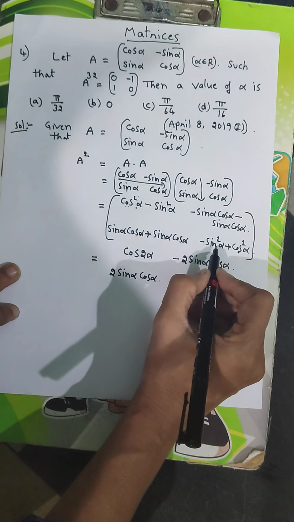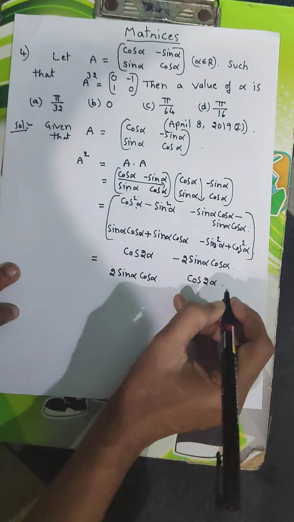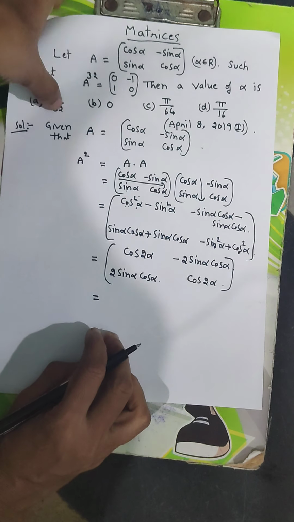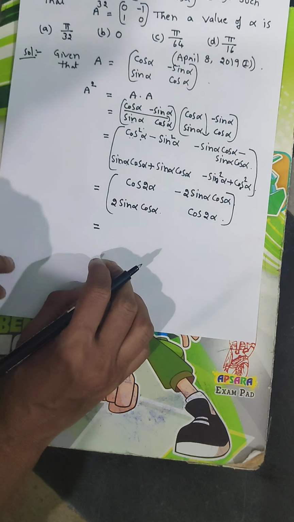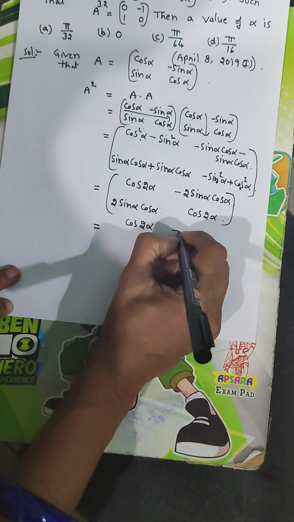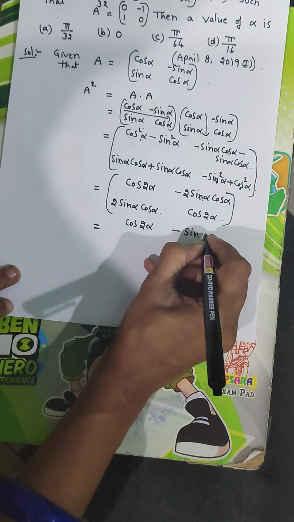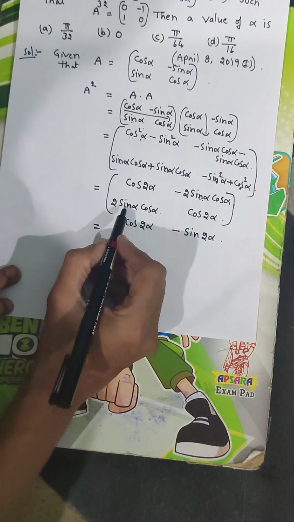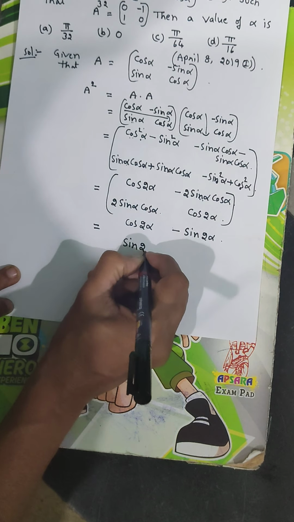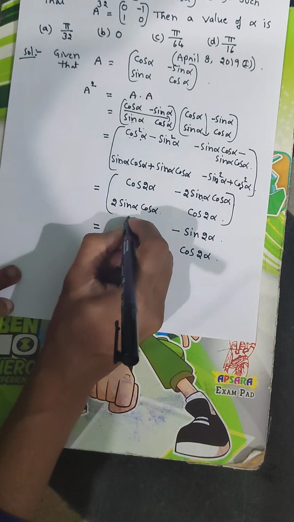Cos square alpha minus sin square alpha equals cos 2 alpha. Minus 2 sin alpha cos alpha means minus sin 2 alpha, and 2 sin alpha cos alpha means sin 2 alpha. This is cos 2 alpha.